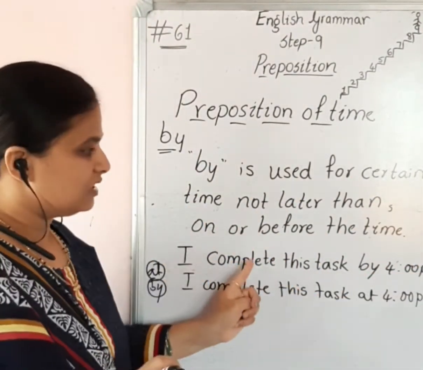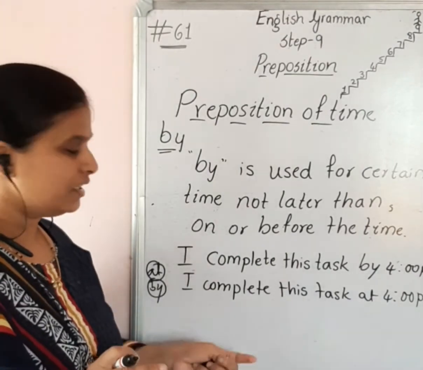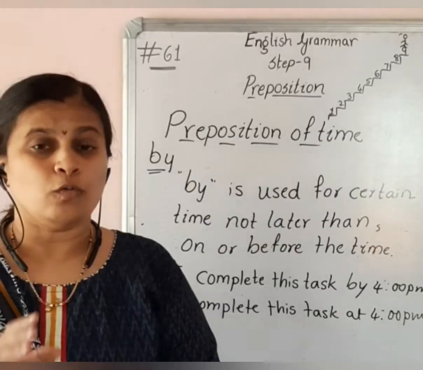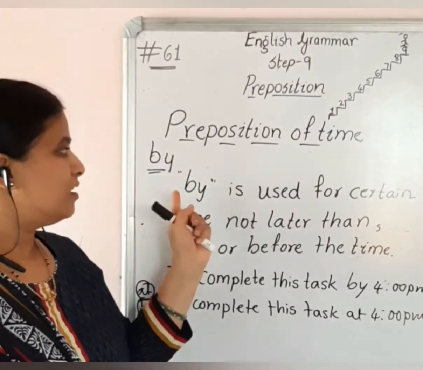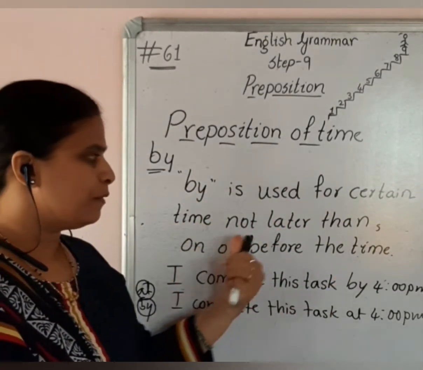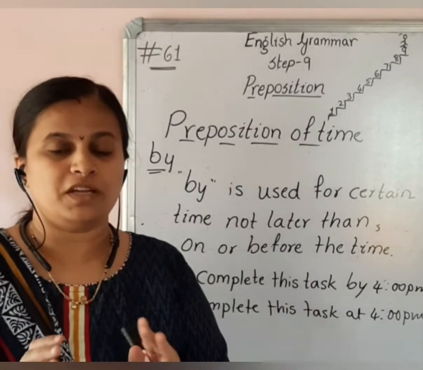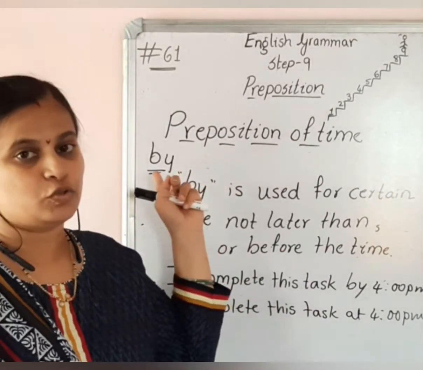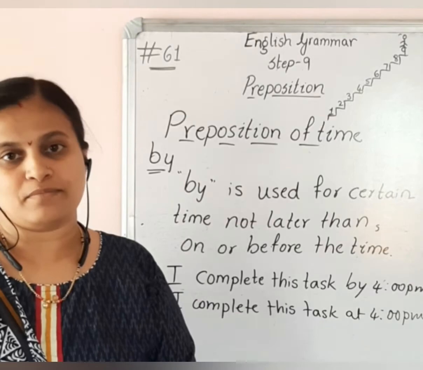Right? So this is what this sentence is saying. Is that clear now? When is by to be used? It is used for a certain time, not later than, on or before the time. Whenever you want to mention that in the sentence, you are going to use this preposition of time by.